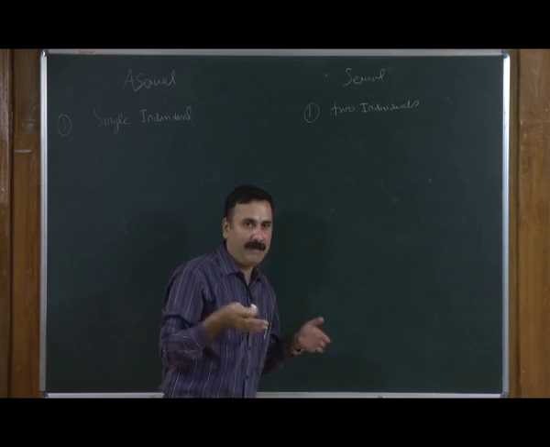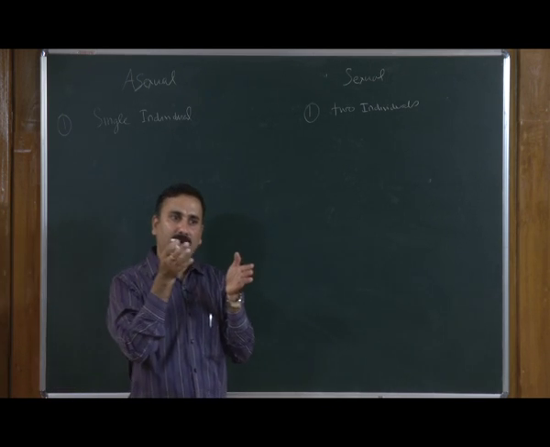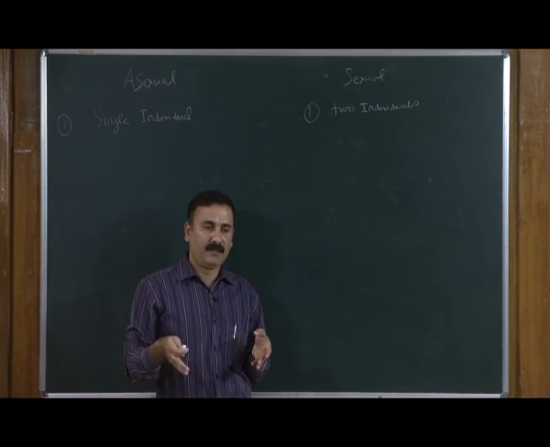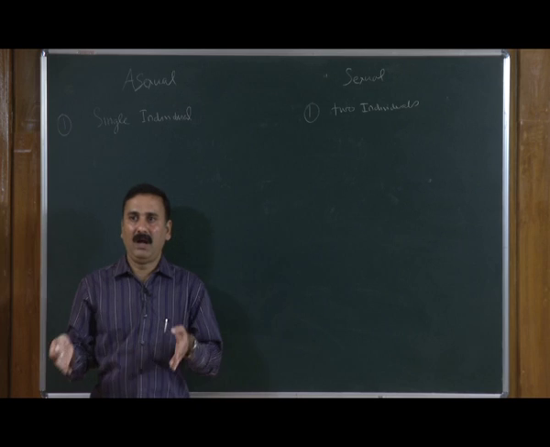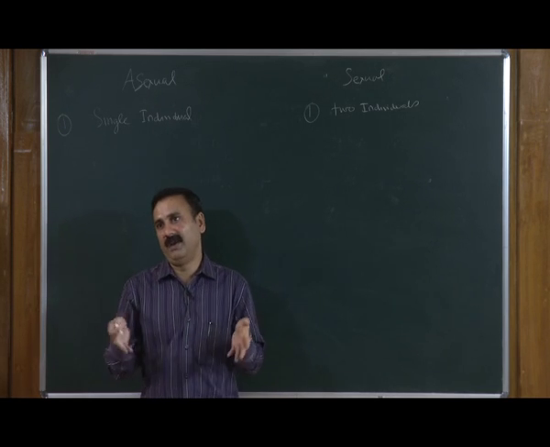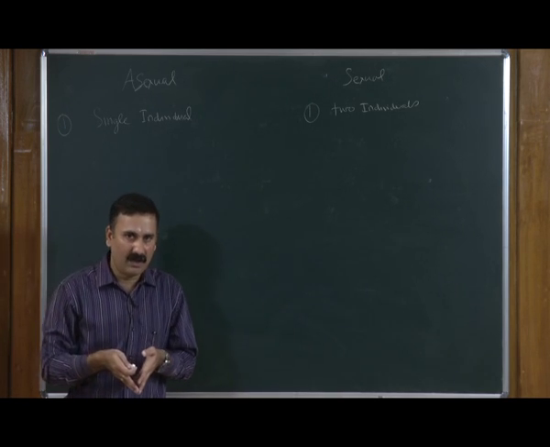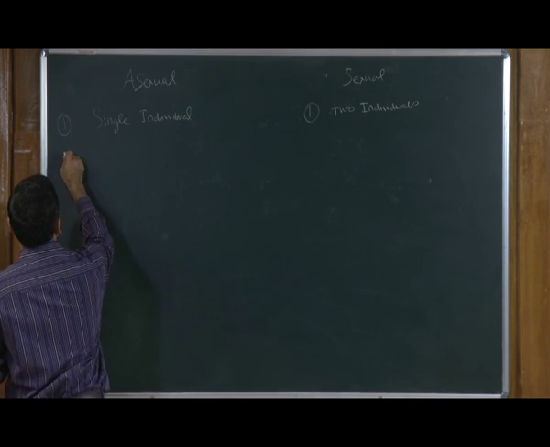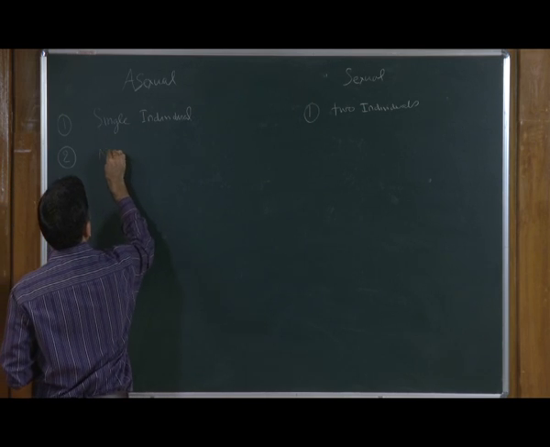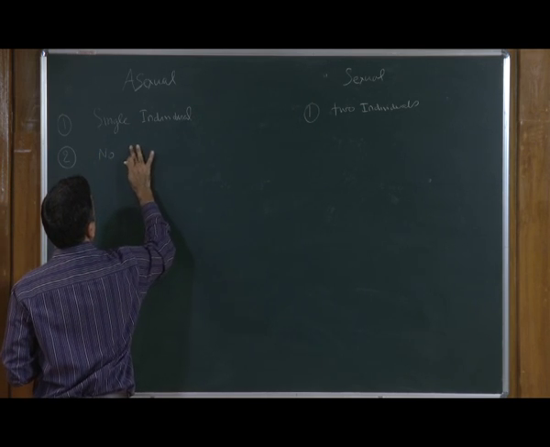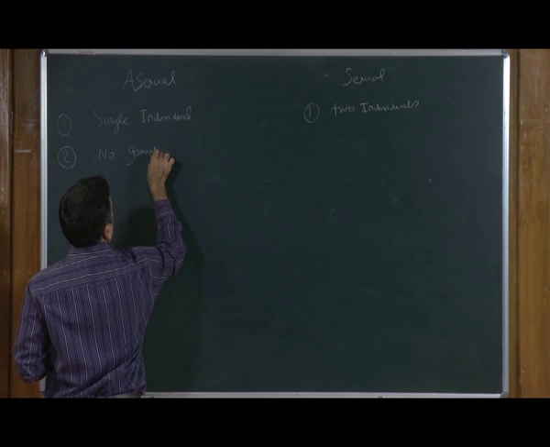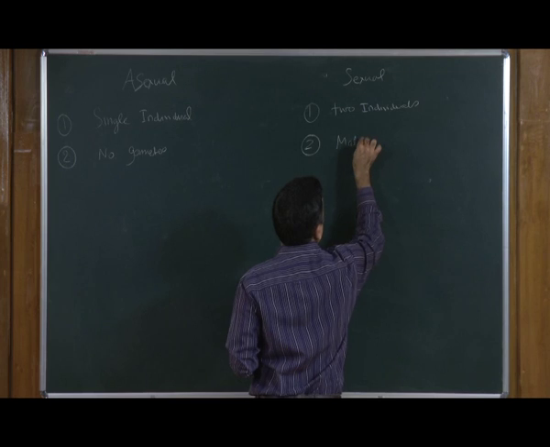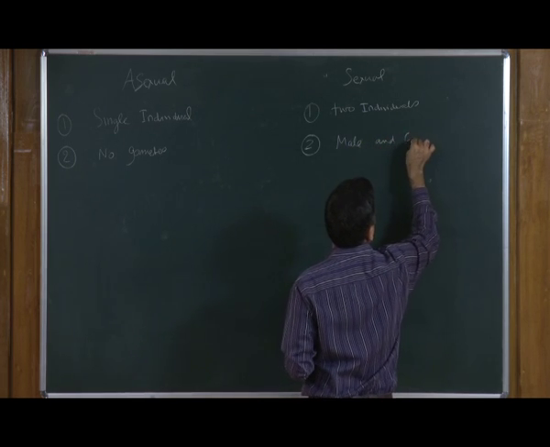For example, in the case of plants, there could be a male plant as well as a female plant separately, but there could also be a condition where a single plant has both male and female individuals present on the same plant. Number 2, in asexual reproduction there are no gametes. Here you definitely need male and female gametes.